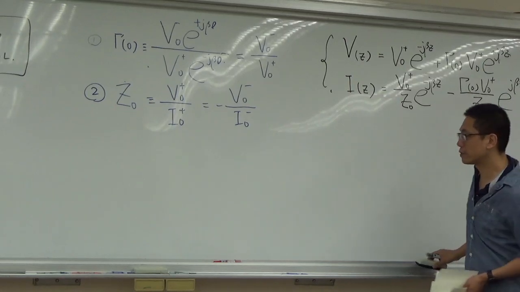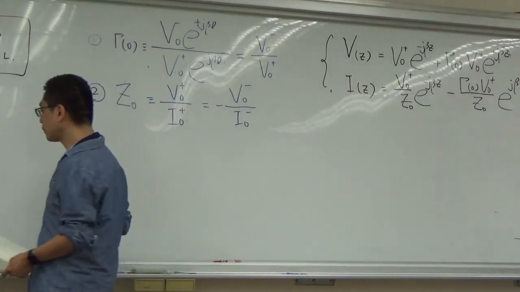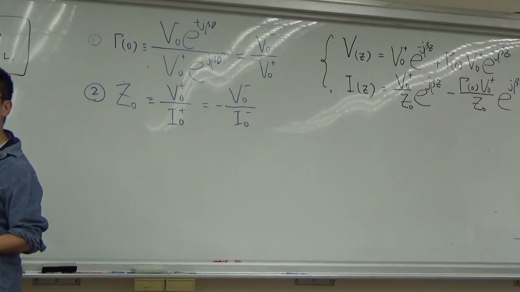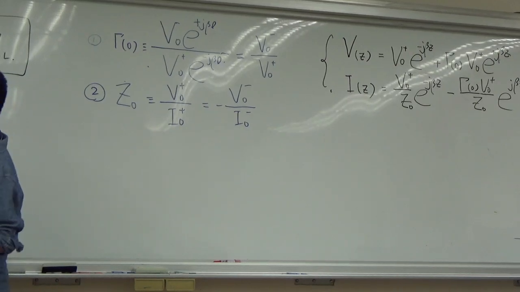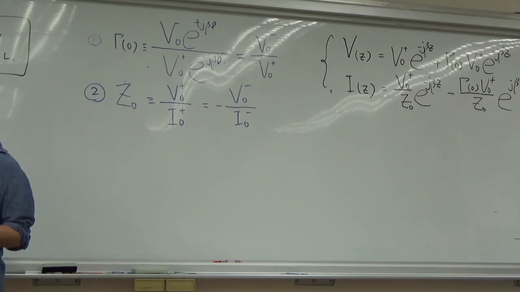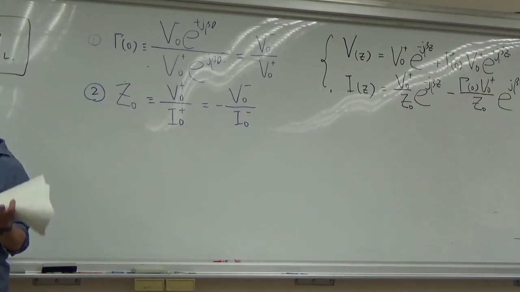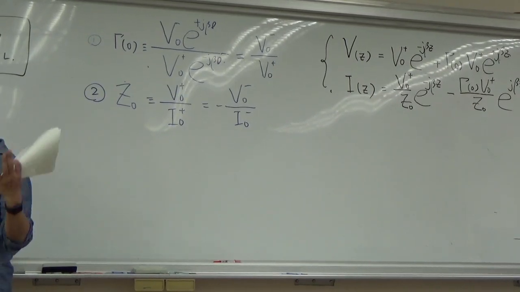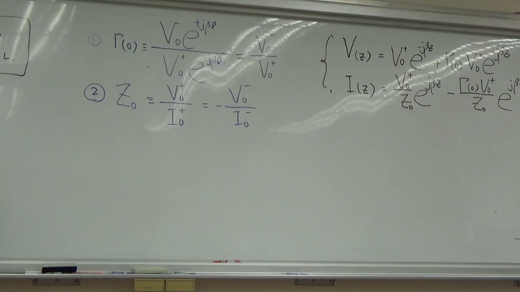Okay, what else? I'm telling you that it is the voltage and current reflection coefficient everywhere, right? Maybe we can try, what we want is, what is the voltage or current or reflection coefficient or new impedance at the other end of the transmission line?